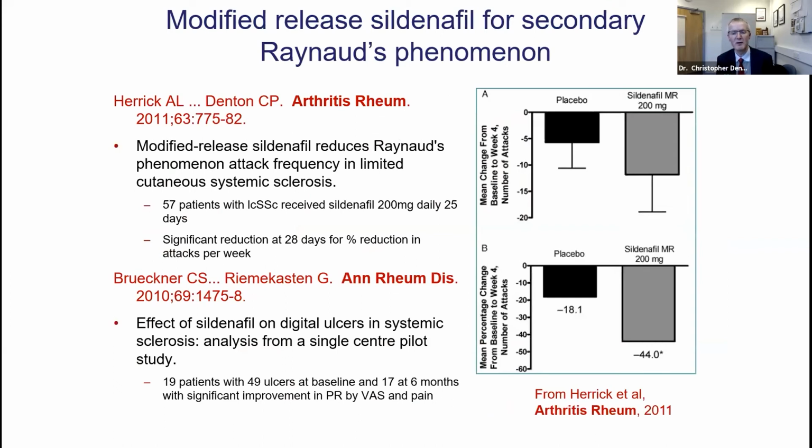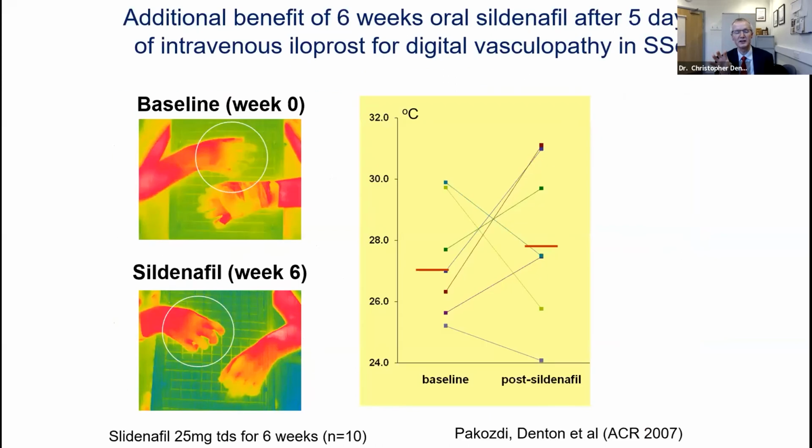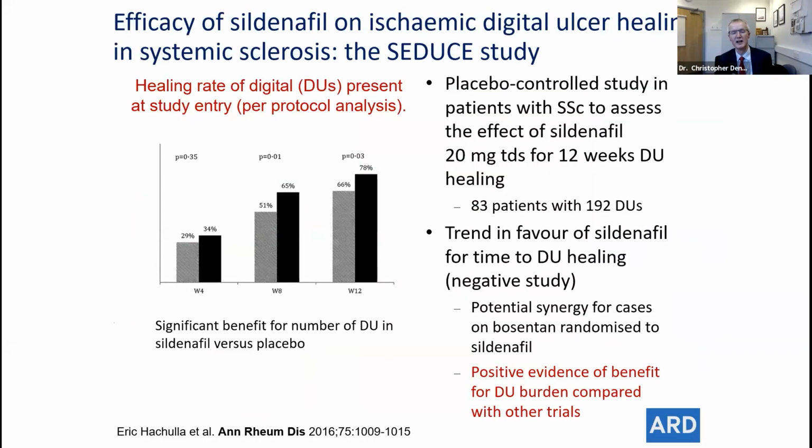And we have evidence base to support the other approaches that we use. So PDE5 inhibitors have been shown to reduce both Raynaud's attack frequency and also to improve digital ulcer disease. And here you can see some data from a study where we added sildenafil on top of intravenous iloprost, and when the patients went on to sildenafil, they had a significant improvement in their long-term benefit from thermography. And here are some data from the SEDUCE study from Eric Hachulla in Lille in France.